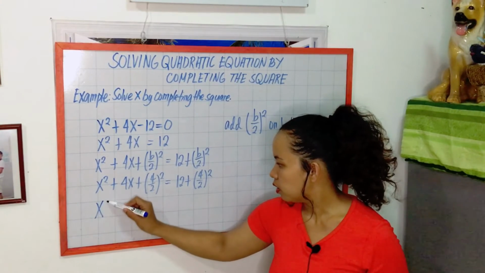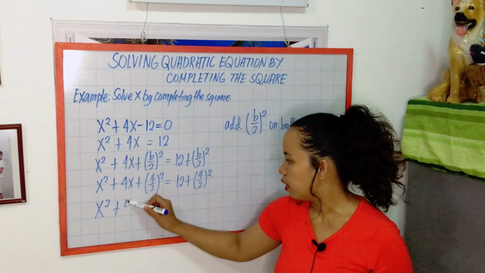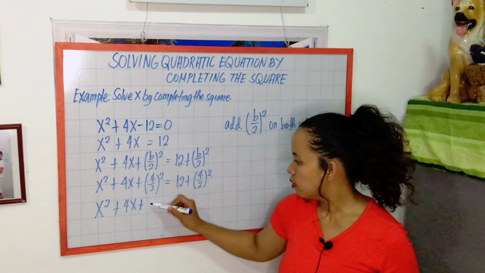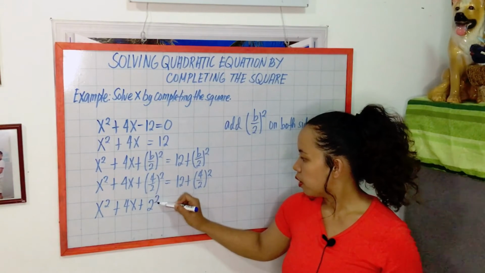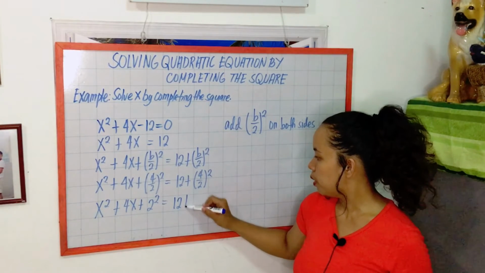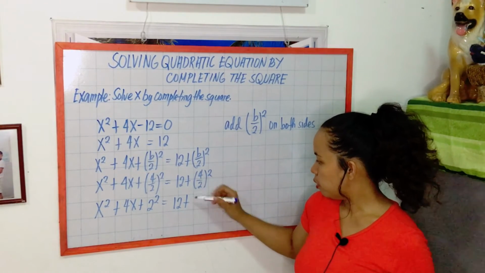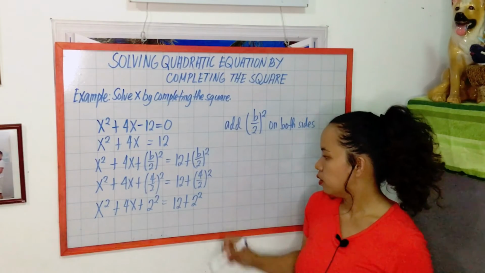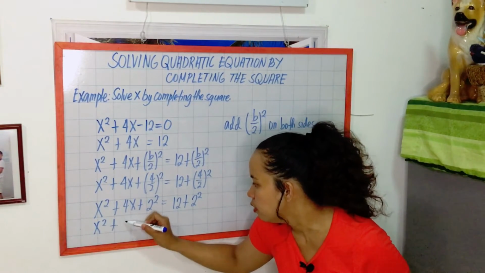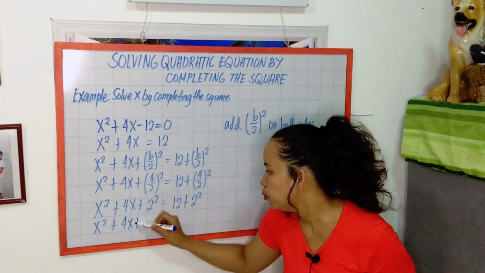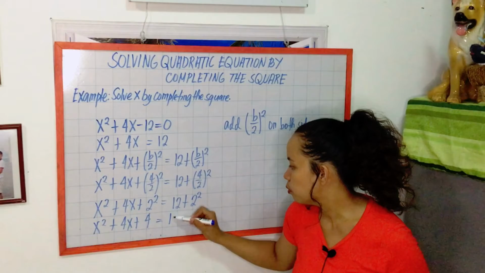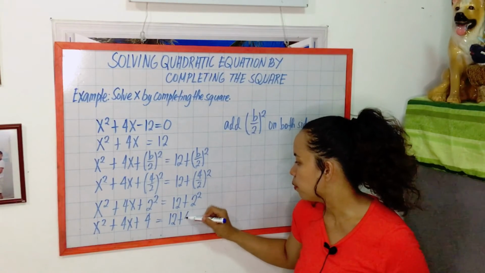X squared plus 4x, so 4 divided by 2 is 2, so plus 2 squared is equal to 12 plus 4 divided by 2, which is also 2, squared. And simplifying further, 2 squared, 2 times 2 will be 4, is equal to 12 plus 4.